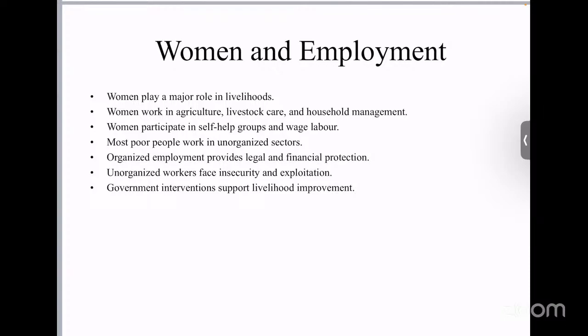In Unit 2, which is TRUE livelihoods, TRUE means tribal, rural, urban, and emerging livelihoods, and how different regions have different livelihood systems that depend on geography, resources, and opportunities.